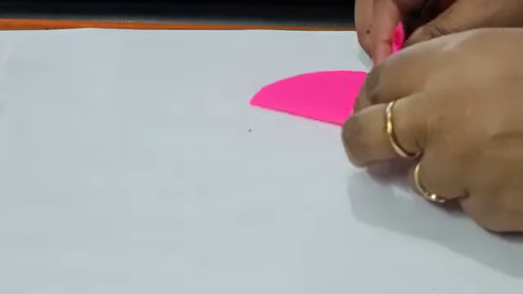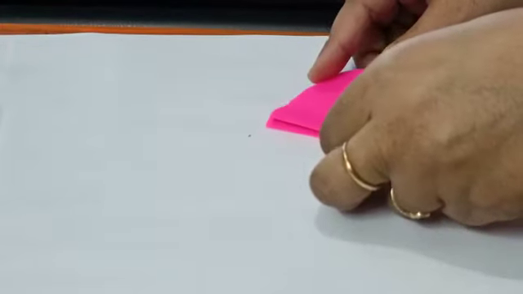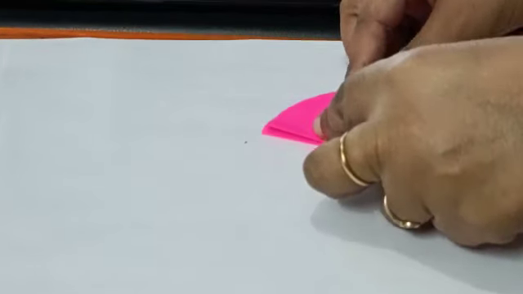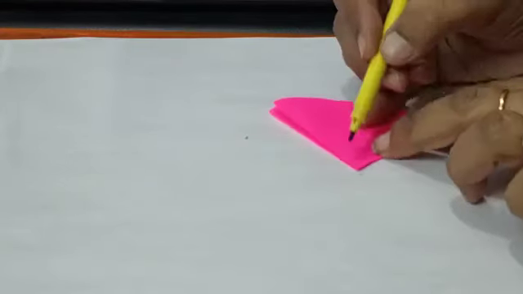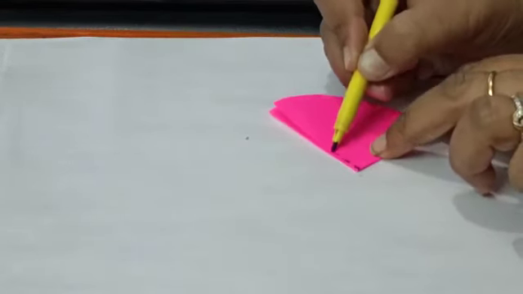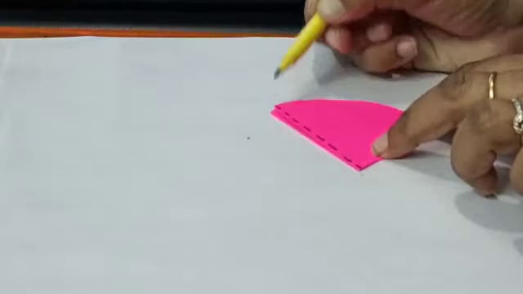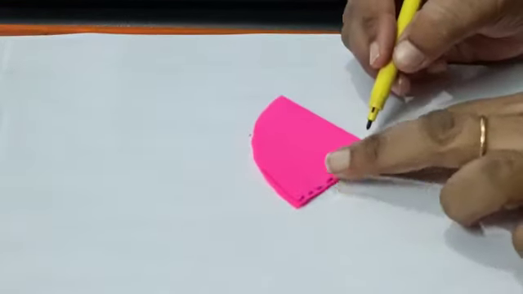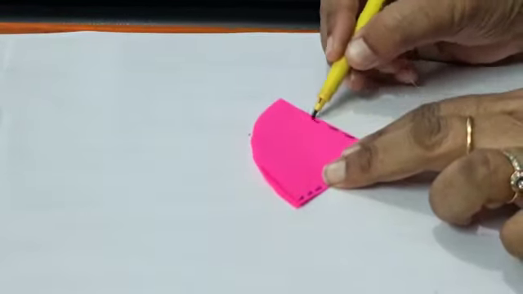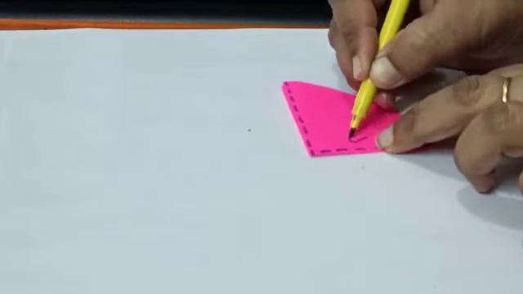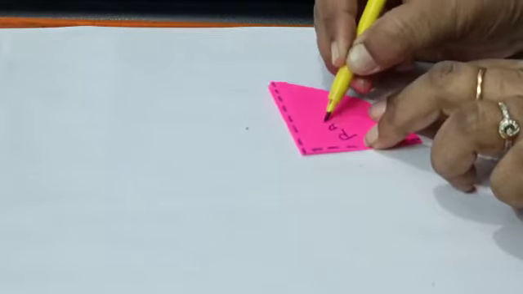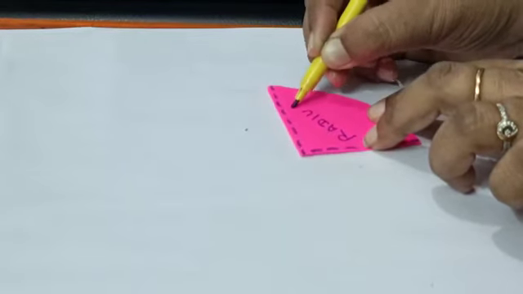The second fold to this circle. So here the line from the center to the boundary of the circle, once again, from the center to the boundary of the circle is called the radius of the circle.